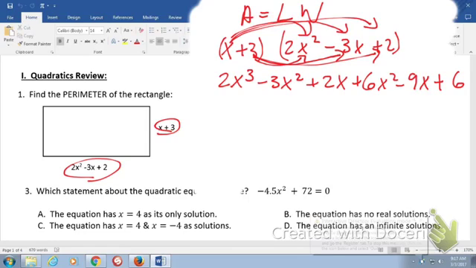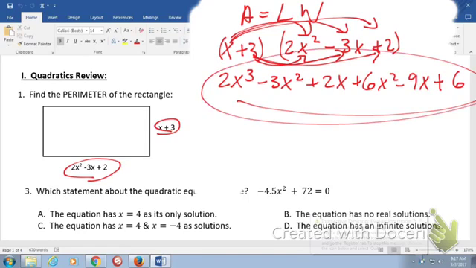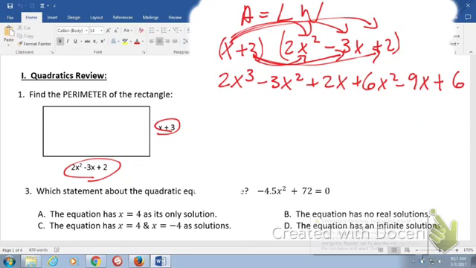Okay, we're gonna do the exact same thing. After we get this, we need to combine like terms. So we're gonna get all the x's with the power of 3 together. We only have one of those. We don't have any other powers of 3, so we get 2x to the power of 3.